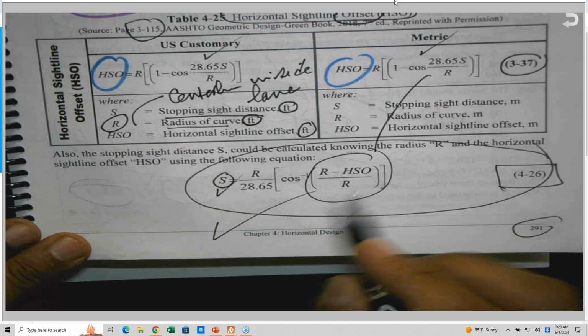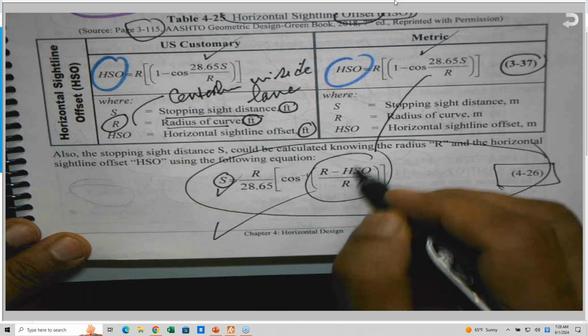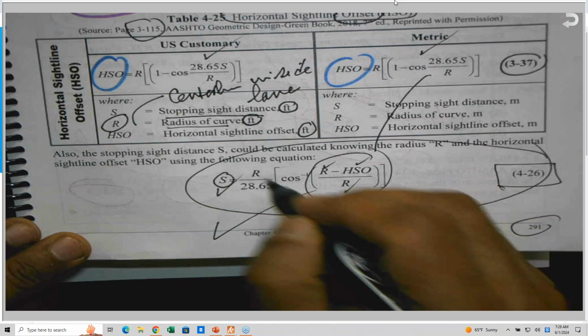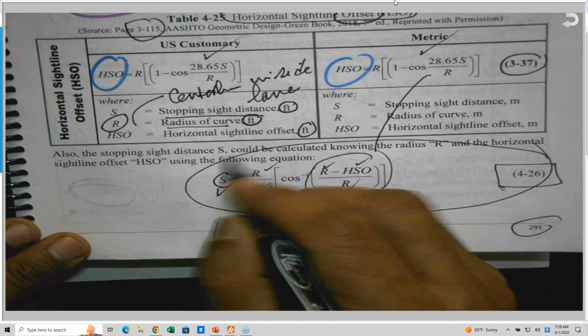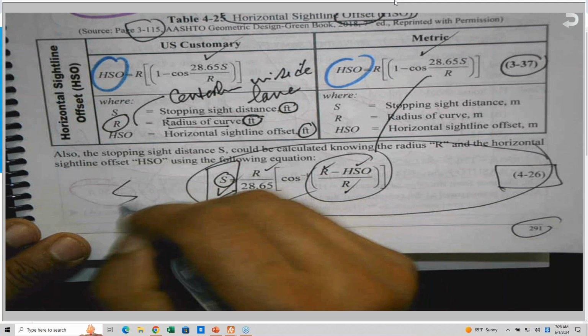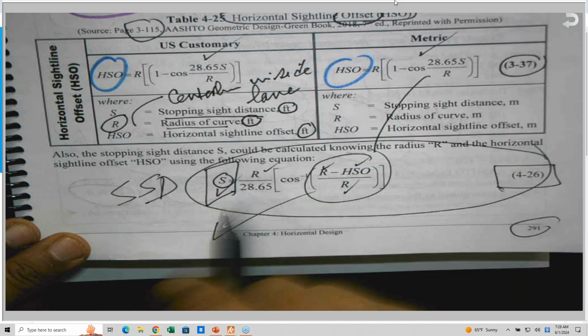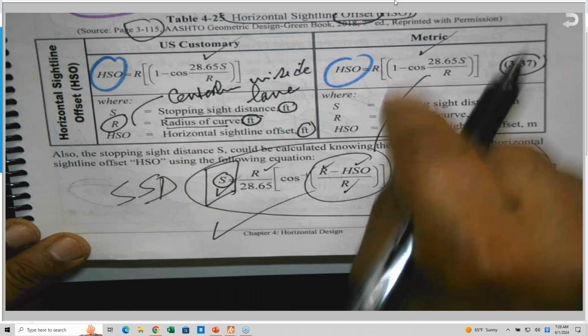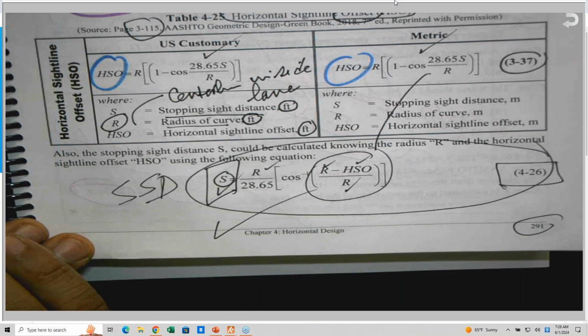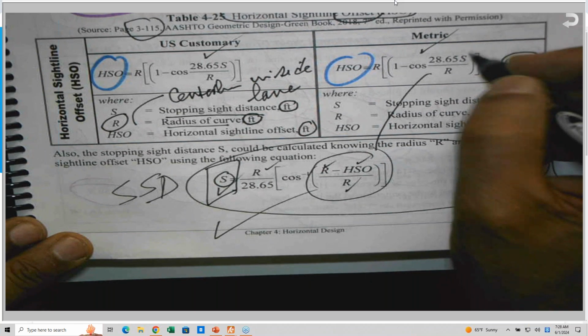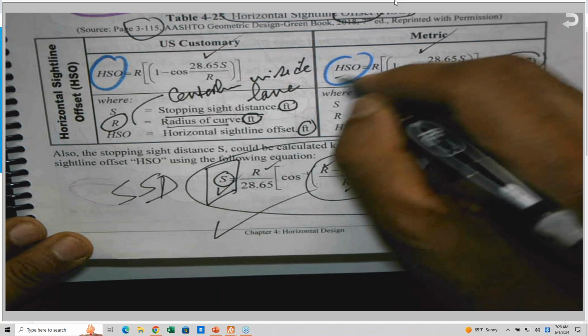They might give you the HSO and the R, and ask what the stopping sight distance, the SSD, is. You can find this very easily from this equation. So try to do your best if they ask you to calculate the stopping sight distance based on a given HSO.